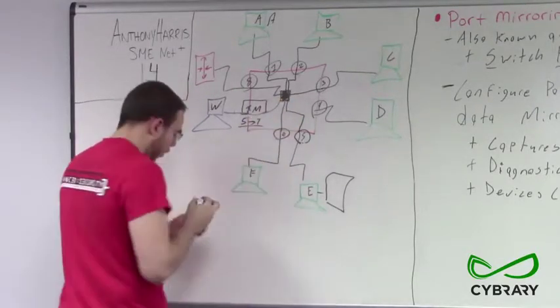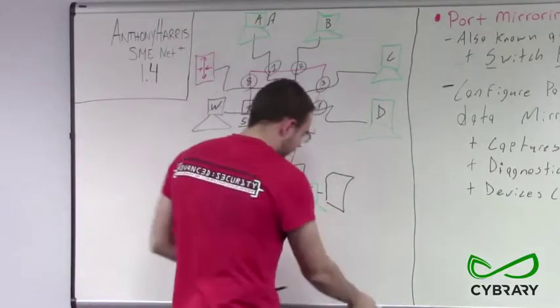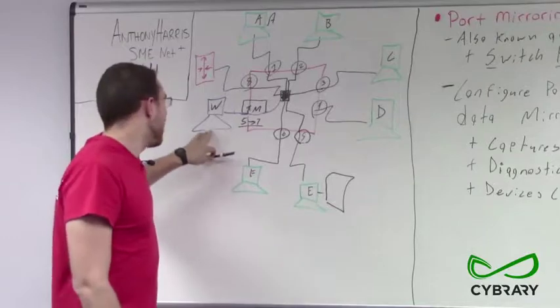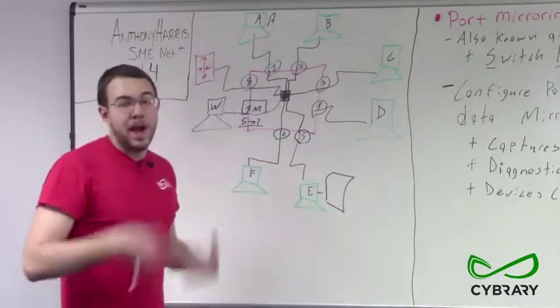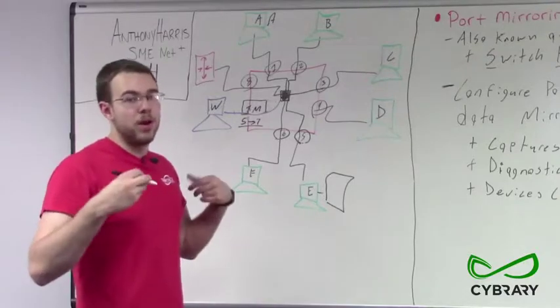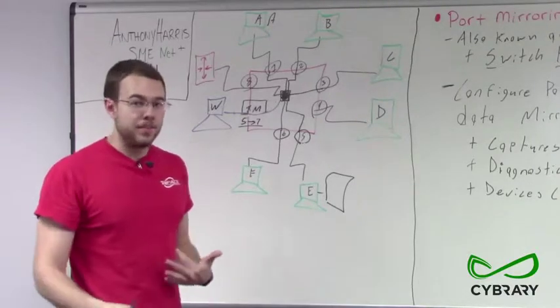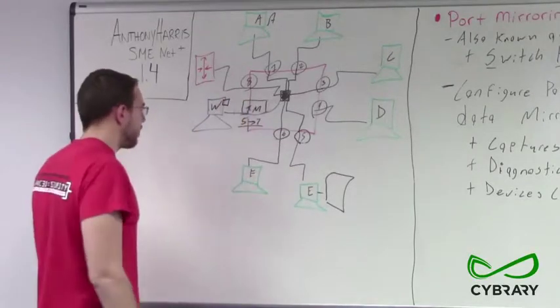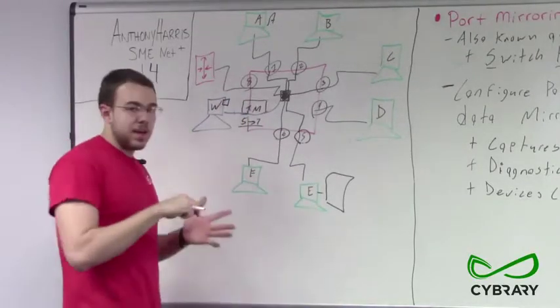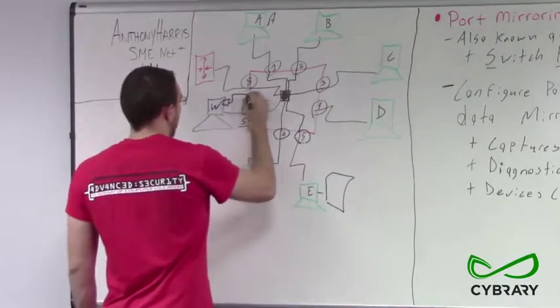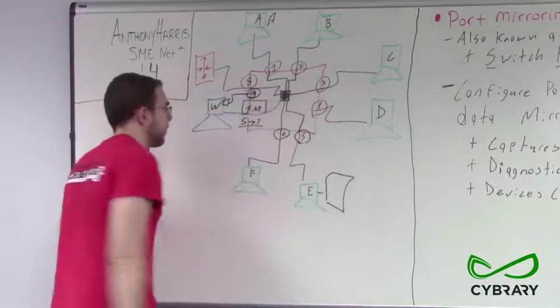Well, what we're going to do is have 2 network interface cards in this device here. One network interface card is going to be for capturing, and the other network interface card is going to be used for actual network activity. So we need a second network interface card in our computer, plug a second ethernet cable into our computer, and plug that into a different port. So we have port 9.